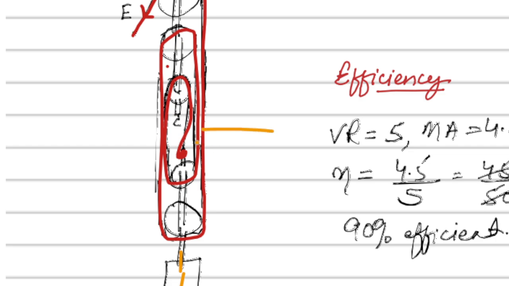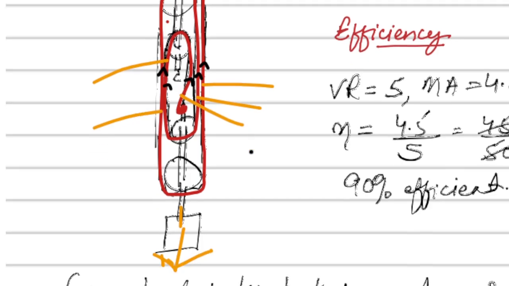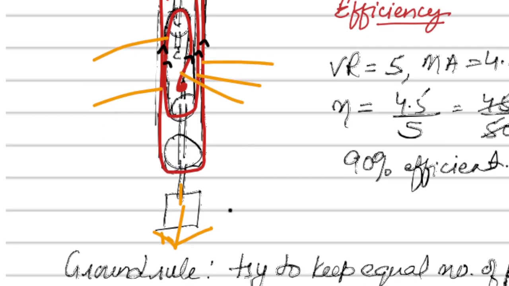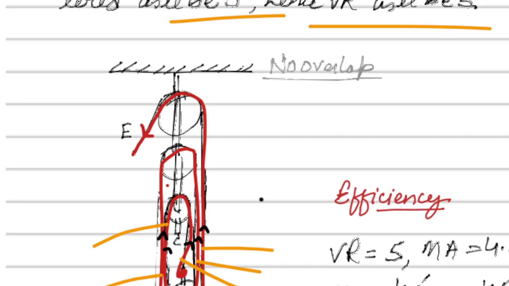So this is 1, this is 2, this is also supporting 3, this is also supporting 4, and this is also supporting 5. And for showing it clearly, we put small arrows also like 1, 2, 3, 4, and 5. So 5 strands are supporting the load. So the velocity ratio will be equal to number of strands, and those are 5.